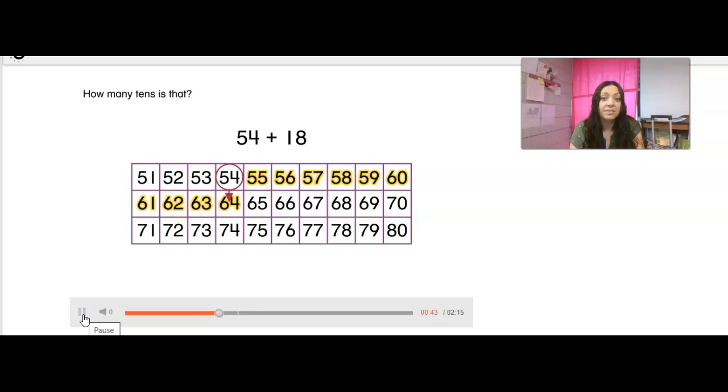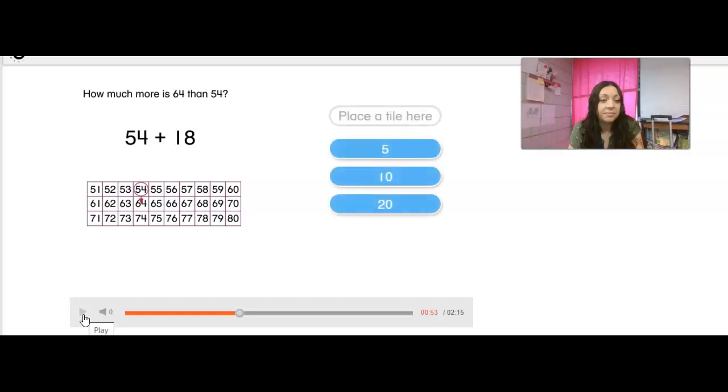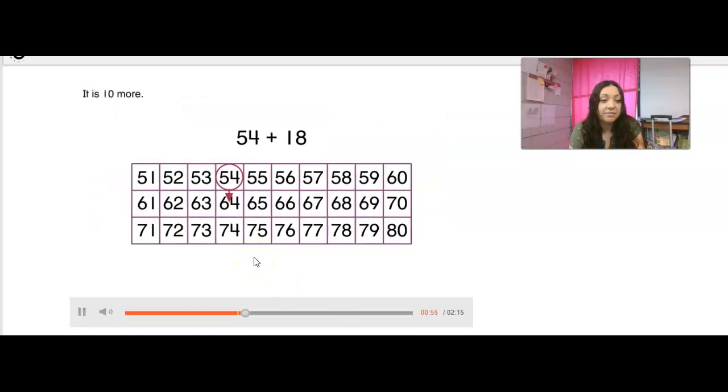How many tens is that? It's 1 row, it's 1 ten. How much more is 64 than 54? So if I move down 1 row, I just what? I just added a 10. It's the difference of 10. It is 10 more.